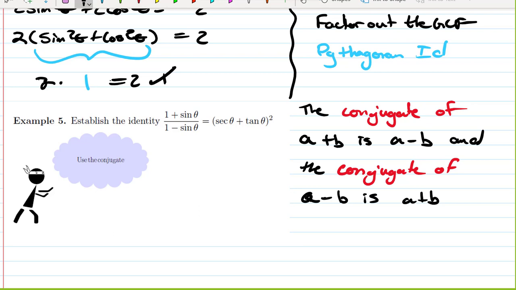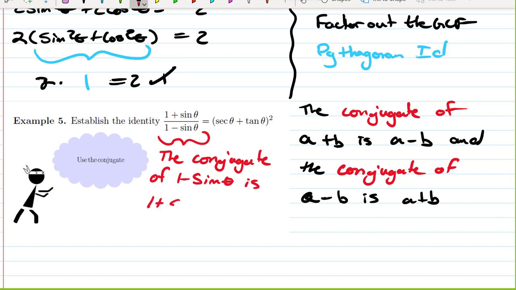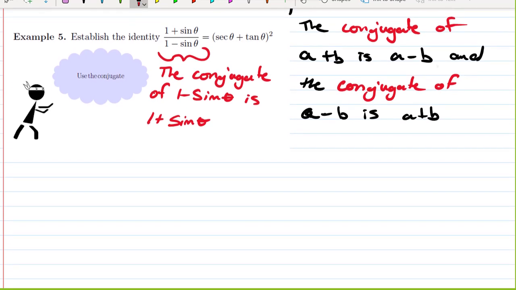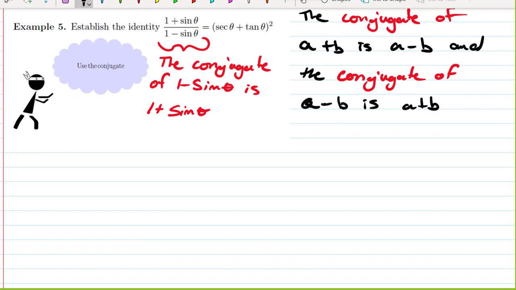So if we were to look at 1 minus sine theta, the conjugate of 1 minus sine theta is 1 plus sine theta. So the Hint Ninja wants us to use the conjugate. And we're going to use it on the left-hand side.